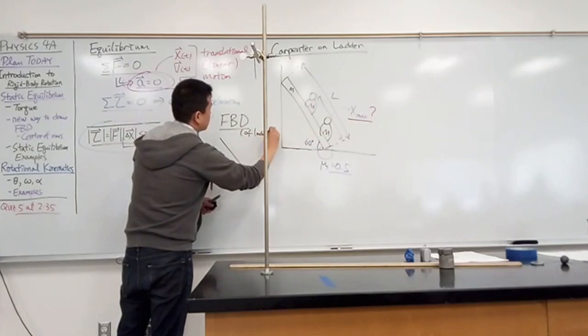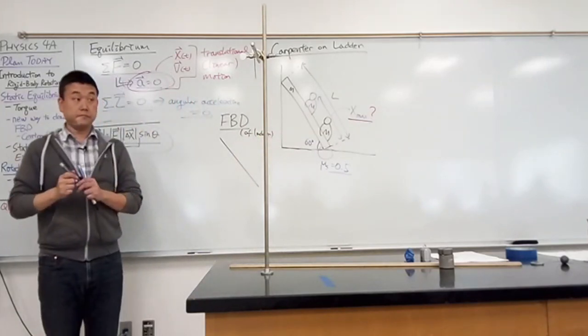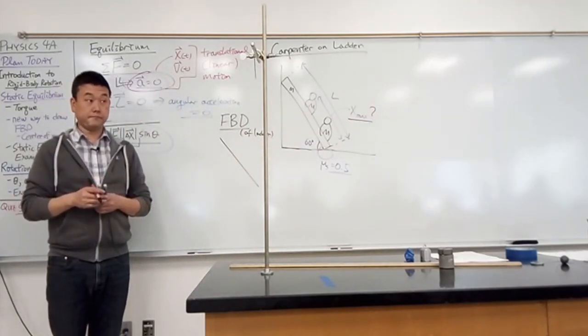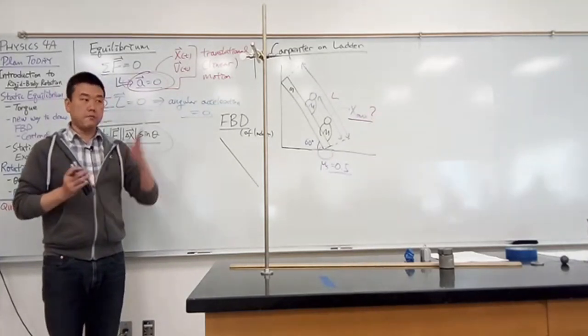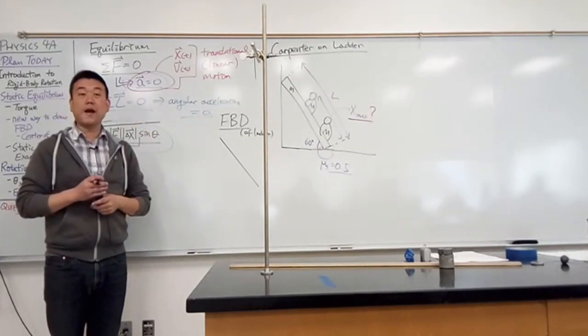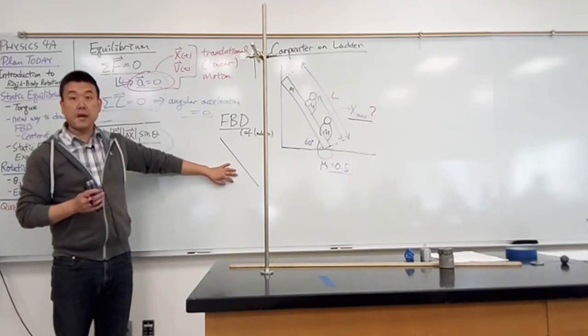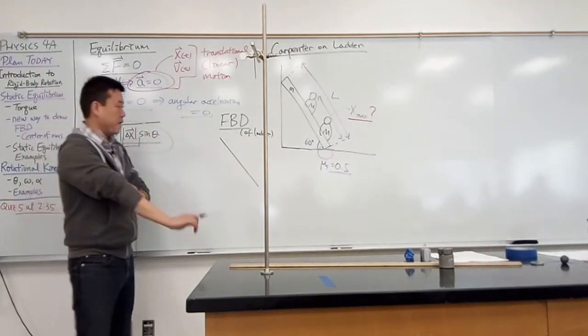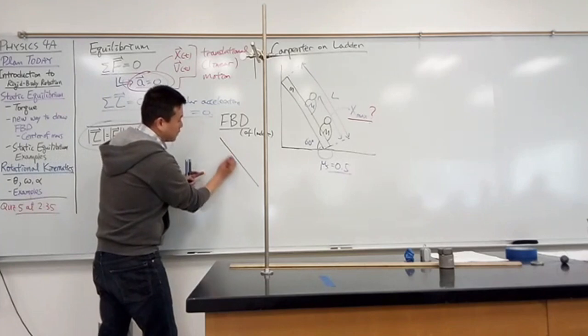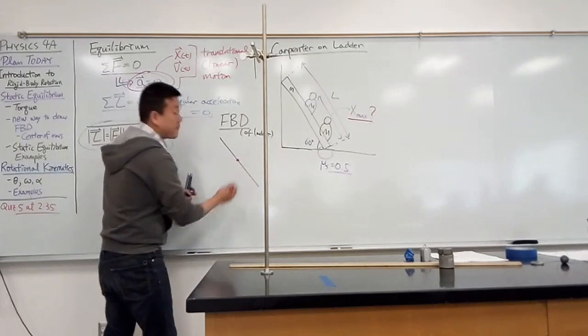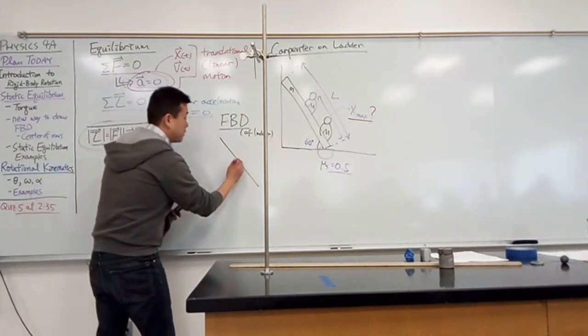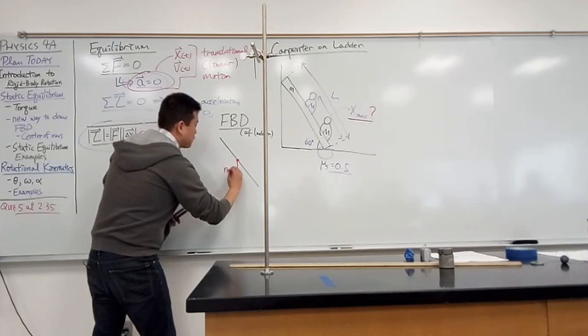What are the forces on the ladder? There's always gravity. I'm going to interpret gravity to mean the ladder's own weight, and I will justify this again later. The weight of the ladder acts at the center of mass, at the midpoint. So there's going to be gravity, mg, pulling it down.